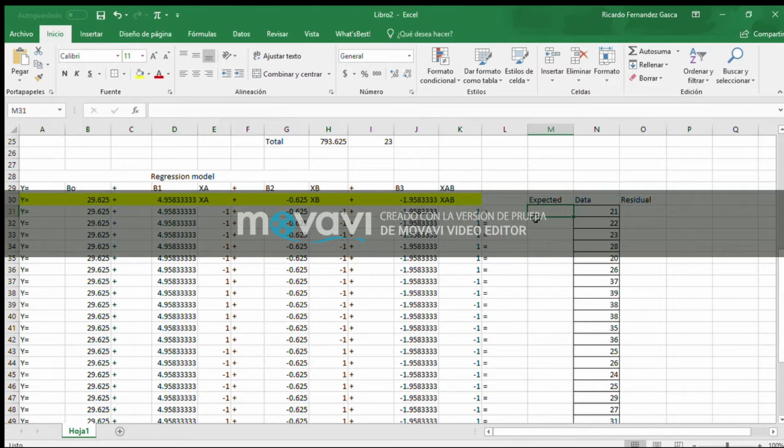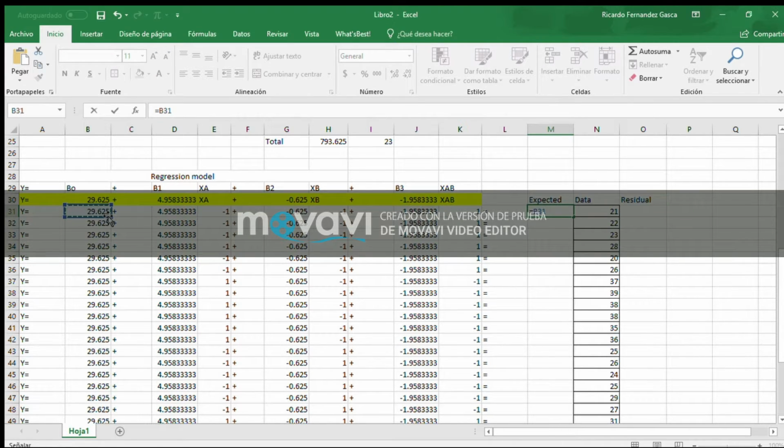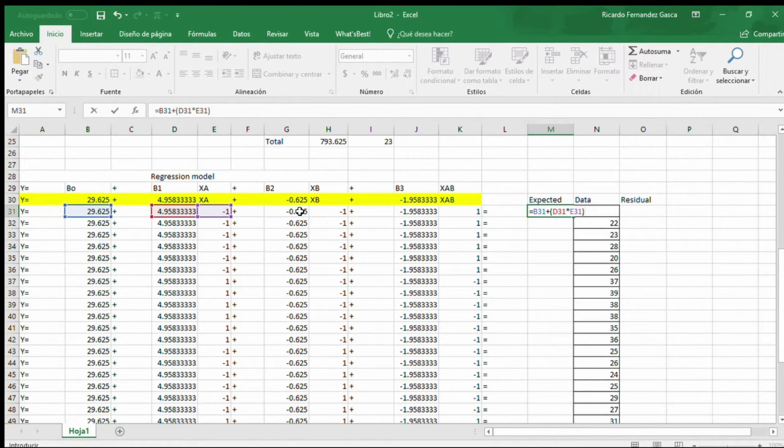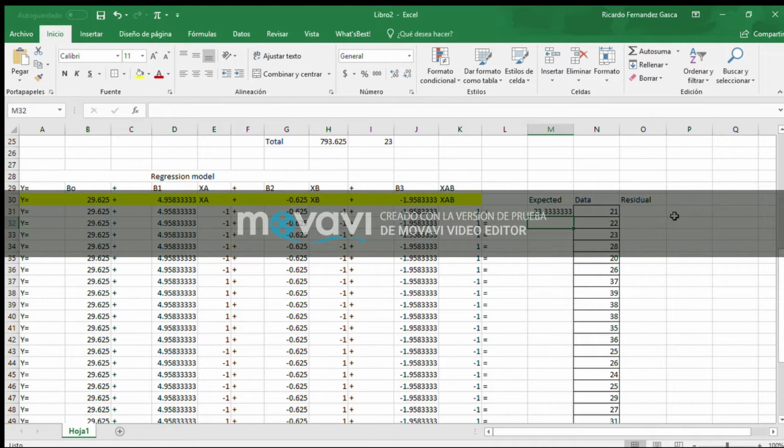Here we have a little mistake. So now we just follow this line: this plus this times this, and then plus this times this, and then plus this times this, and then we have the value that is expected.